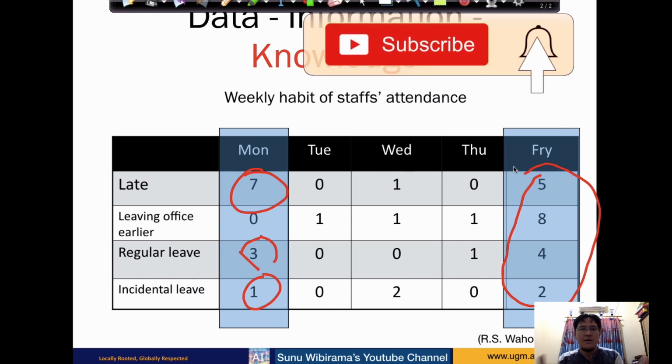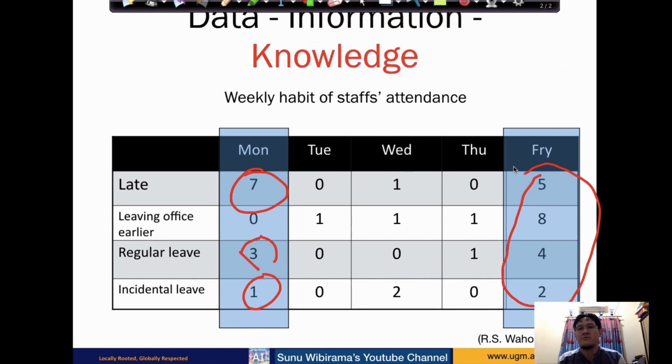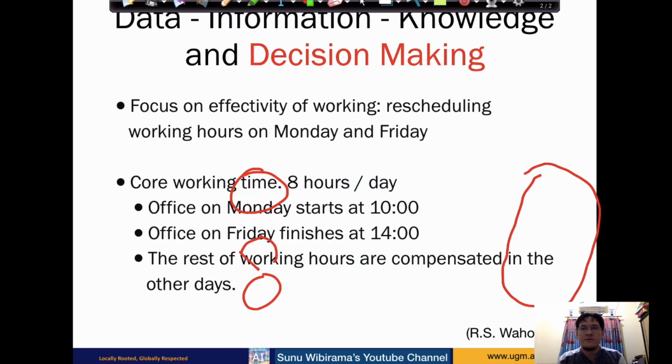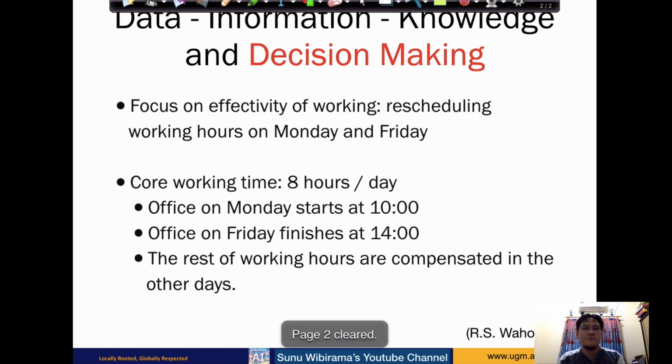So if you can summarize the data into knowledge, then you can create very wise decisions in order to overcome this problem. So for example, to deal with this problem, you try to focus on effectivity of working. For example, you can reschedule the working hours on Monday and Friday.